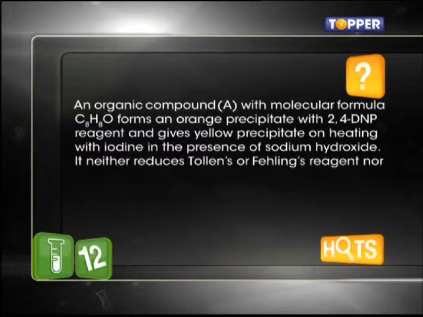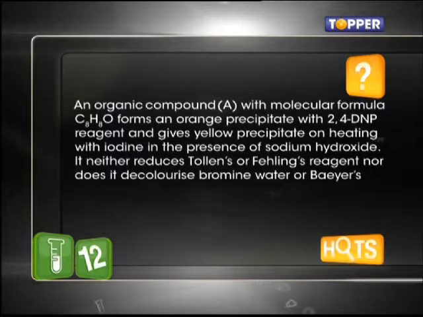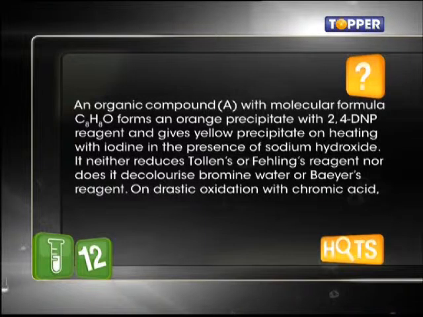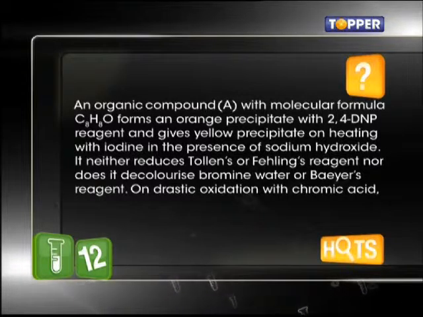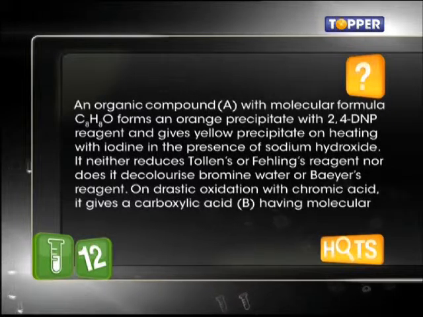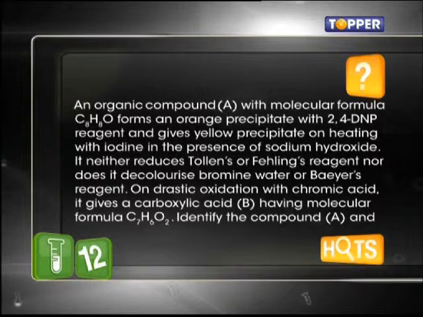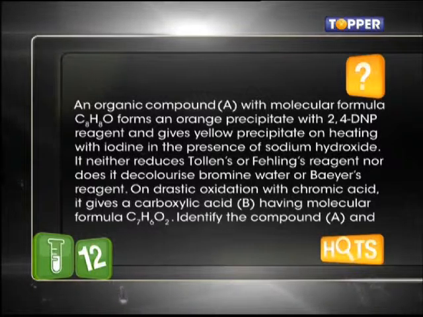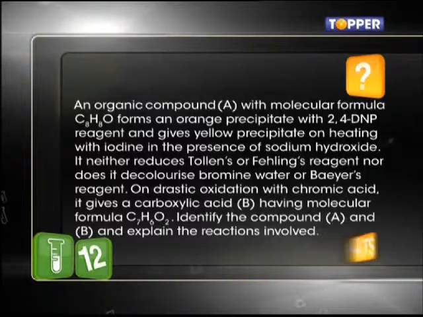It neither reduces Tollens' nor Fehling's reagent, nor does it decolorize bromine water or the Baeyer's reagent. And what's more, on drastic oxidation with chromic acid, it gives a carboxylic acid B, having the molecular formula C7H6O2. You need to identify the compounds A and B and explain the reactions involved.